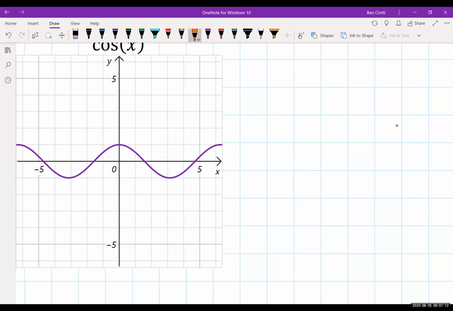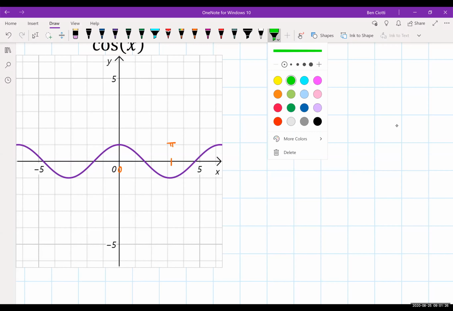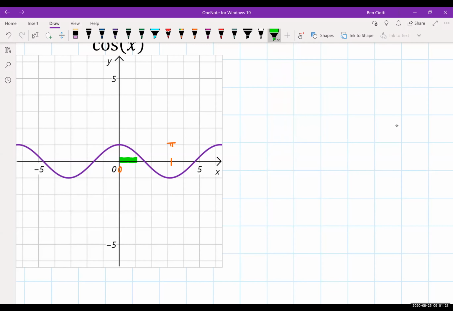The standard, default way is to restrict the graph to lie between 0 and pi. So we're only going to look at x between 0 and pi, and you can ignore the rest of the graph for the purposes of the inverse cosine.